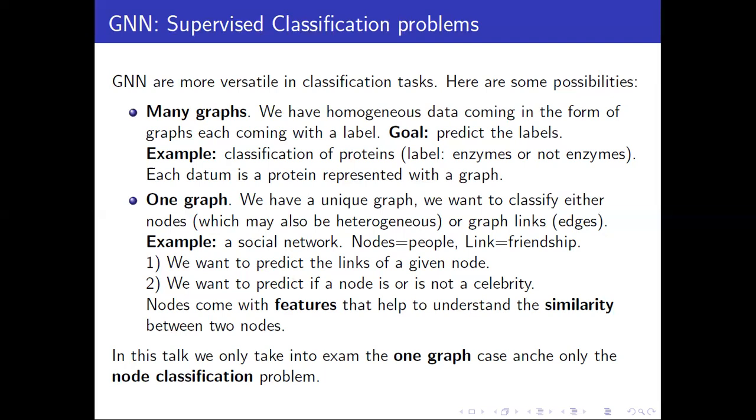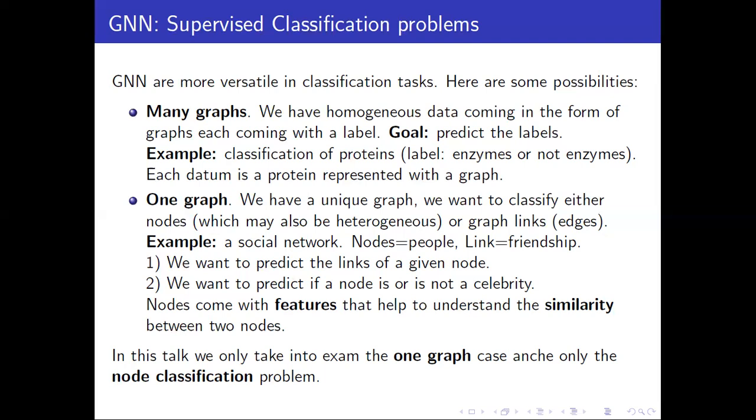Okay, so what are the possibilities? You can have many graphs, and each graph can have a label. For example, my student did a project where you had proteins as graphs. You give me a protein, it is encoded as a graph. There is a database regarding proteins, and each has a label whether or not it is an enzyme.